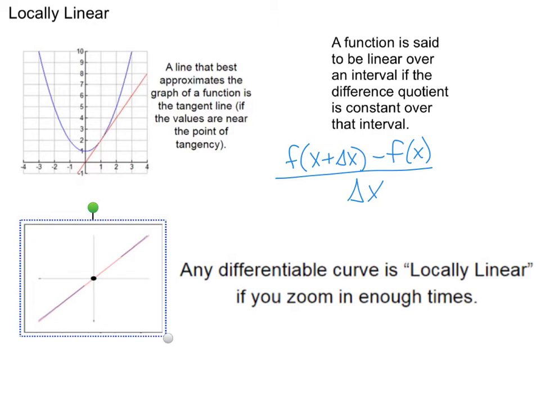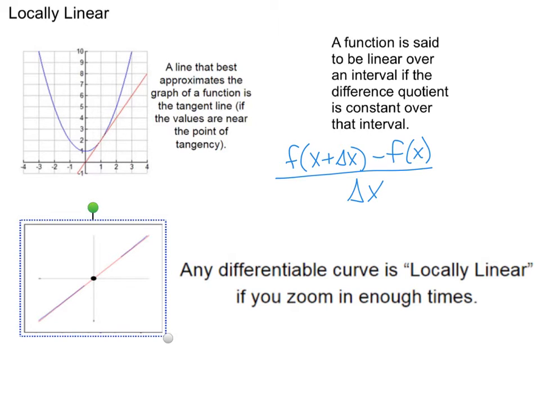But if you had a curve, which you can see here on this diagram, this is a quadratic function, and a tangent to that point. If I graph this curve on a calculator and just kept zooming in and zooming in at the point of tangency, you would begin to see that the graph of this function tends to become linear the closer and closer it gets to that point of tangency.